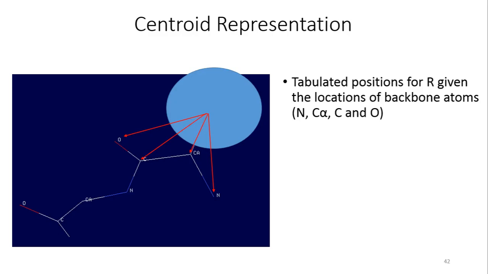Okay, for example, distance between this R and N. What is the distance between this R and this C alpha carbon atom? What is the distance between this R and carbonyl carbon atom? What is the distance between this R and carbonyl oxygen atom?